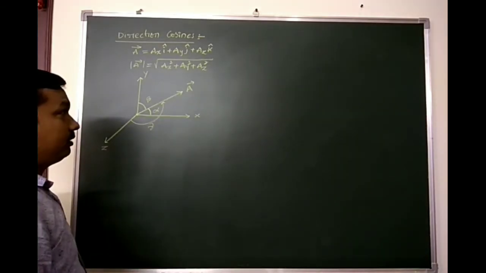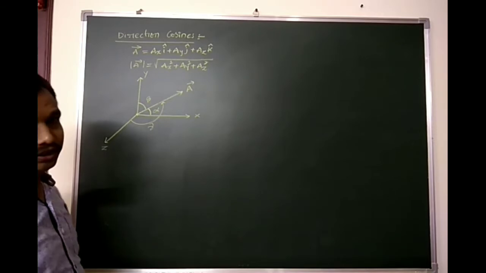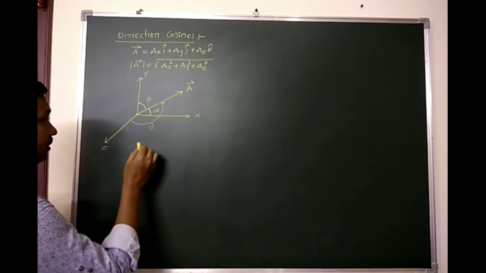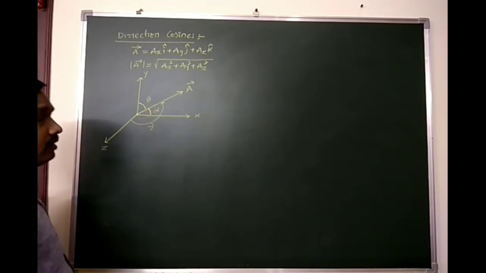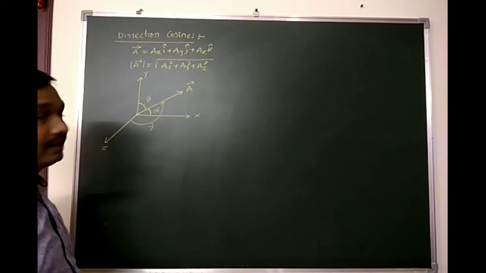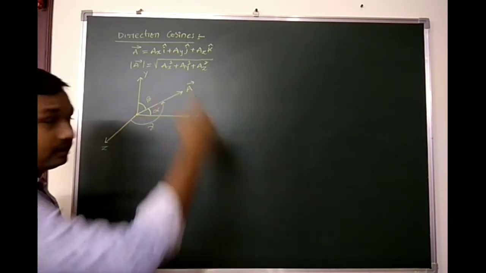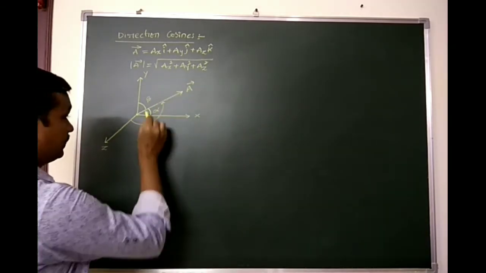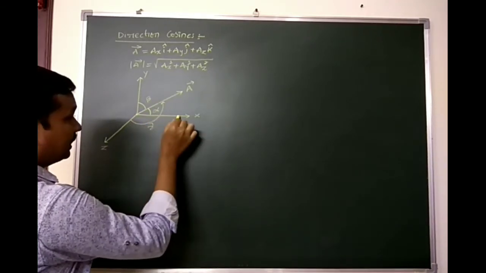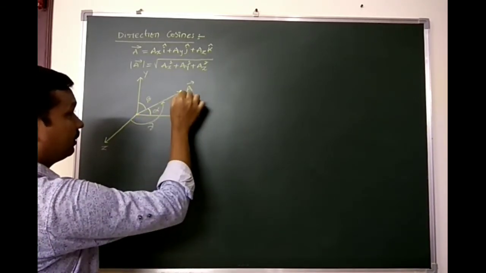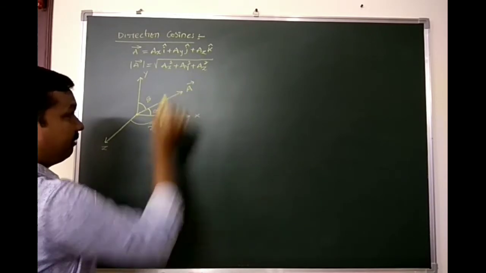Now, according to this, we need to calculate direction cosines. Cos alpha is called the direction cosine along the direction of the x-axis. Cos alpha is equal to the adjacent side divided by the magnitude of the vector.